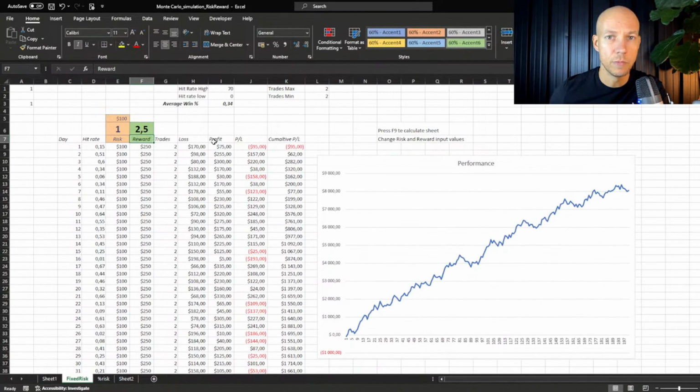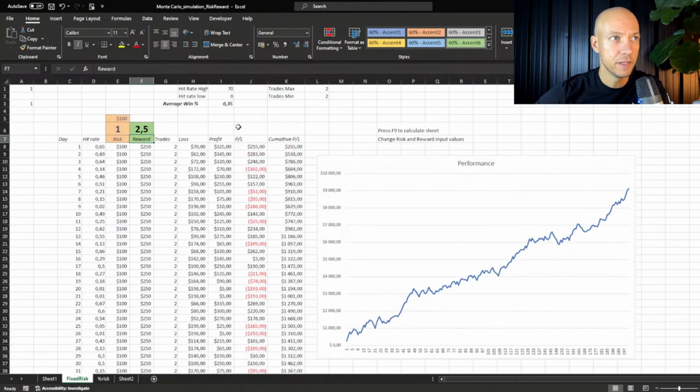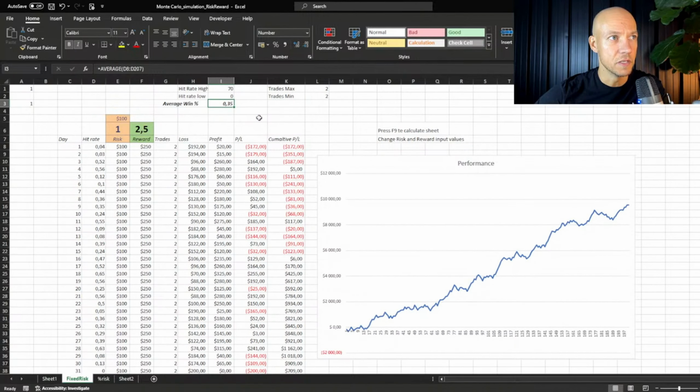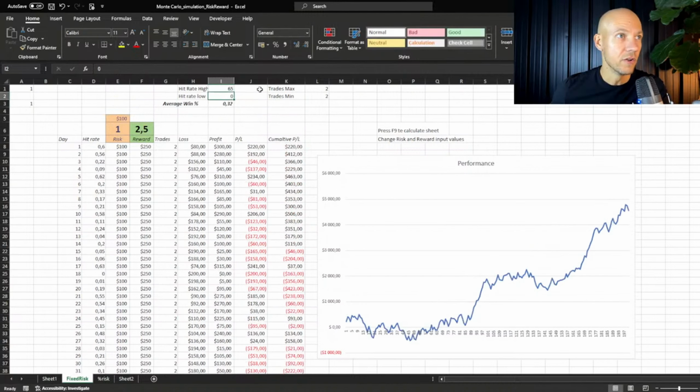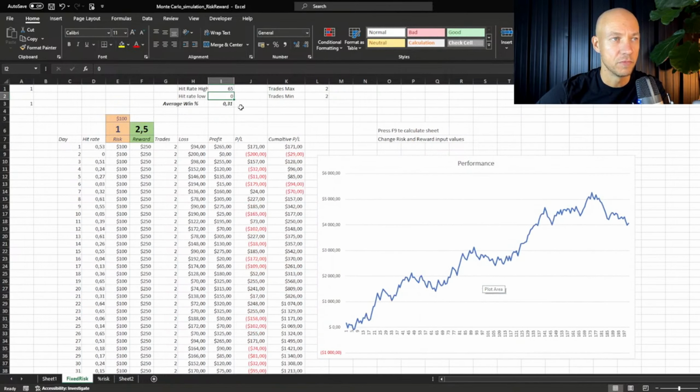So you can play around with the simulation and see what the outcome is. Even if your average win percentage is only 34%, it's basically 3 out of 10 trades that you need to be right, with a risk reward of risking 1 for 2.5 reward, and you have this nice equity curve. Sometimes this doesn't feel right in terms of having this low win rate percentage, but it's still positive upwards.